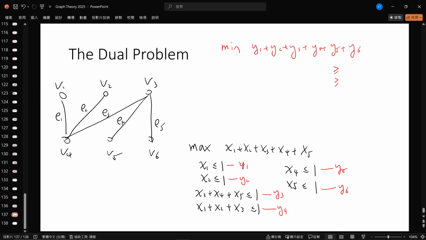Because here we have 5 variables in the primal problem, we have 5 constraints in the dual problem, corresponding to the 5 variables in the primal problem. And here the coefficient is 1 for every x.